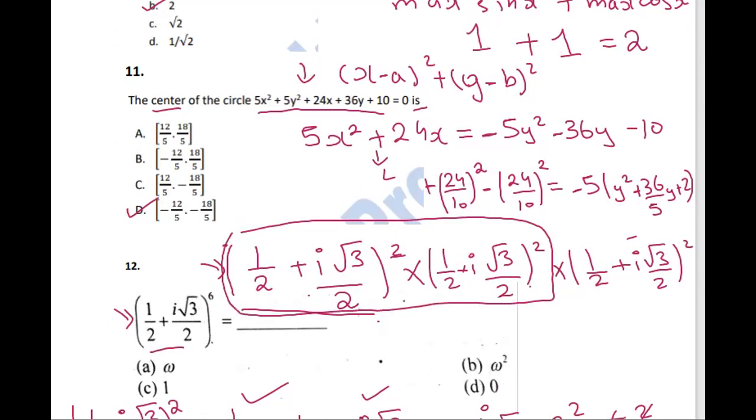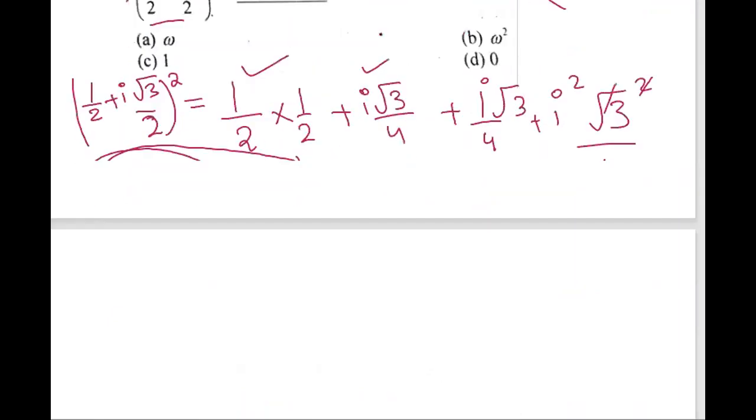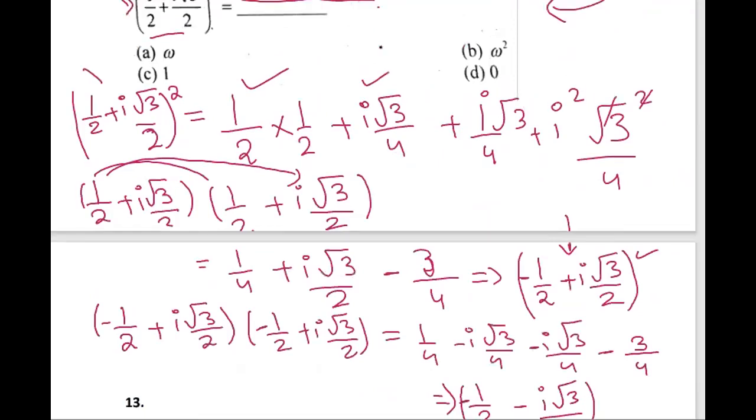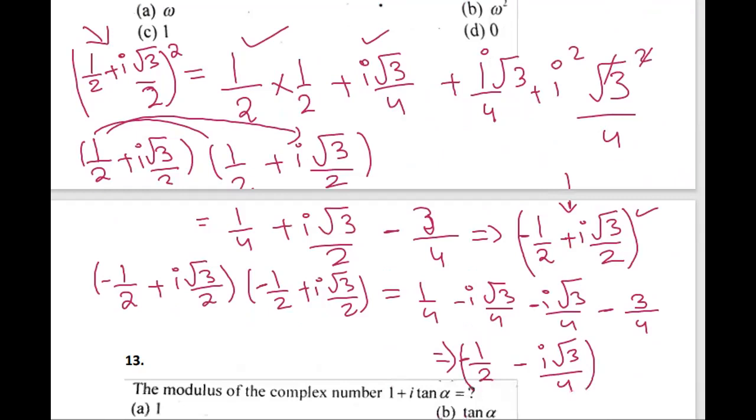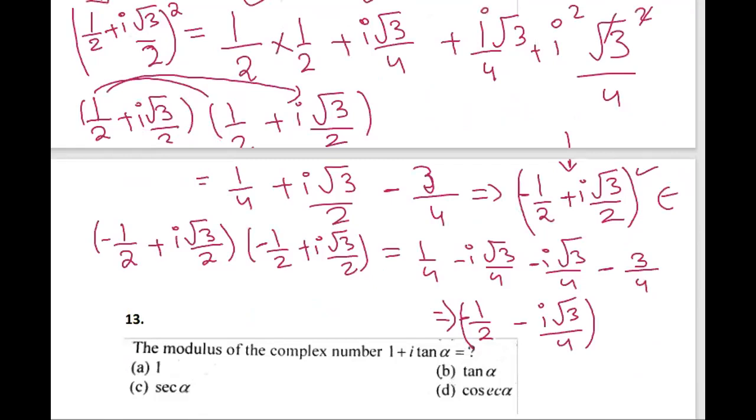And I need this. I will multiply this with this. And I already got this through here. This is basically this. Okay. So I have to multiply this with this.